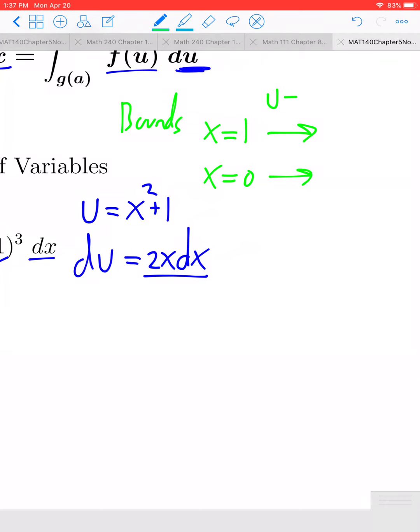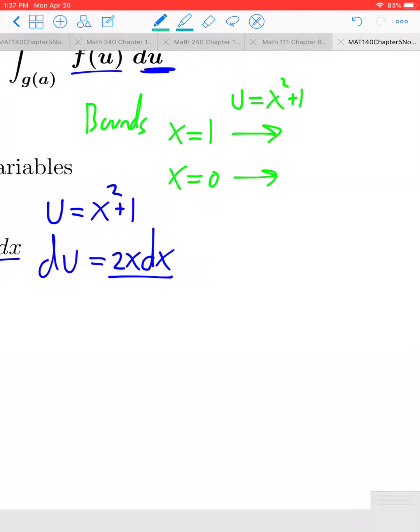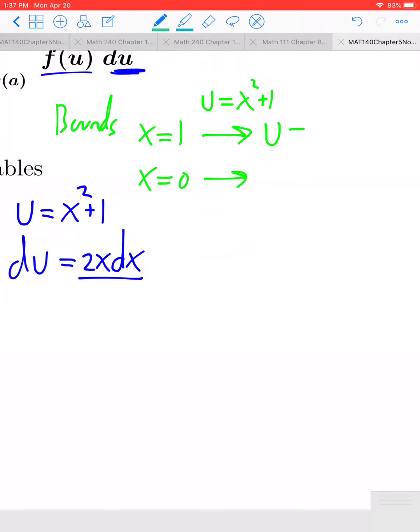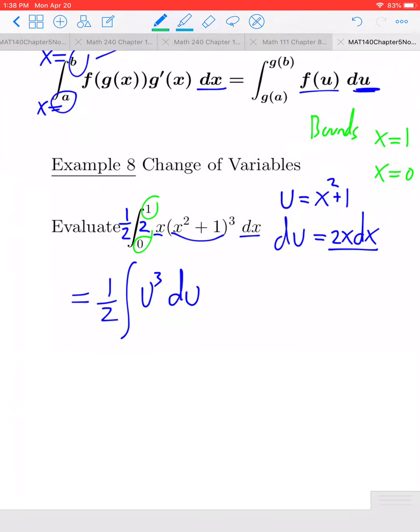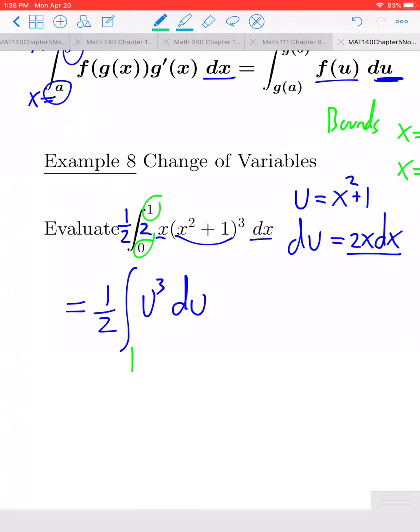Remember, the substitution equation was u equals x squared plus 1, which means that when x equals 1, u is going to be 1 squared plus 1, which is 2. And when x equals 0, u is going to be 0 squared plus 1, which is equal to 1. So the bounds change to u equals 1 to 2.